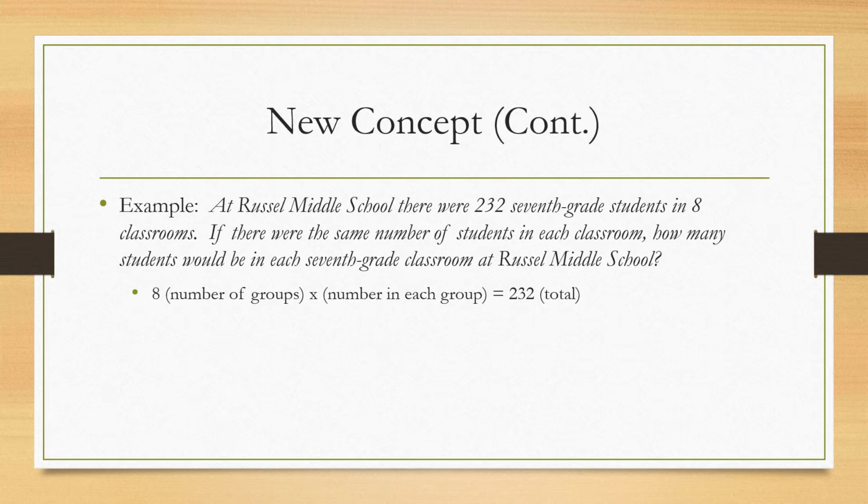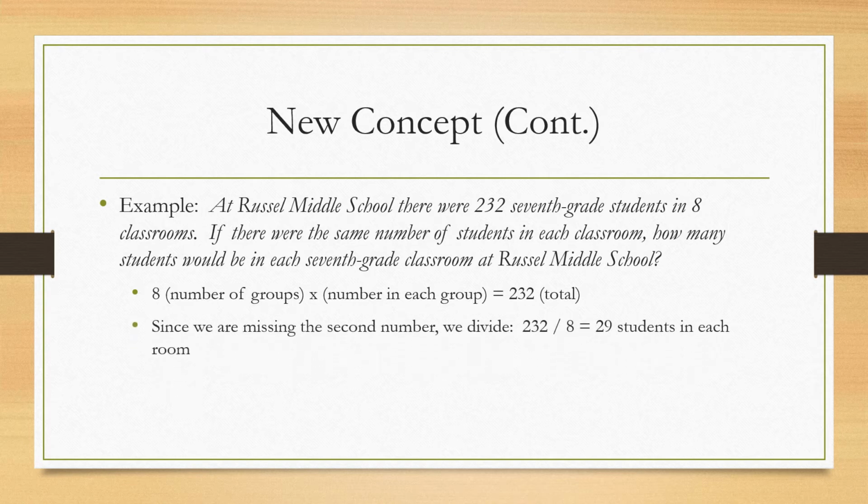We don't know the number in each group, that's the question, how many are in each classroom, but we do know the total number of students, which is 232. So since we're missing one of those first two numbers, we need to divide. 232 divided by 8 equals 29, so that means there would be 29 students in each classroom.